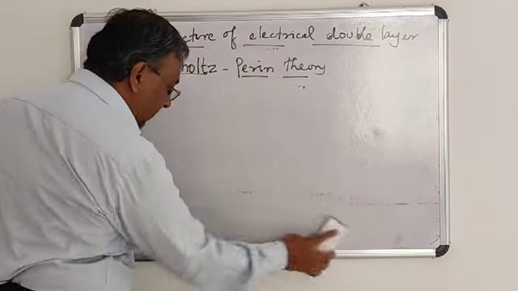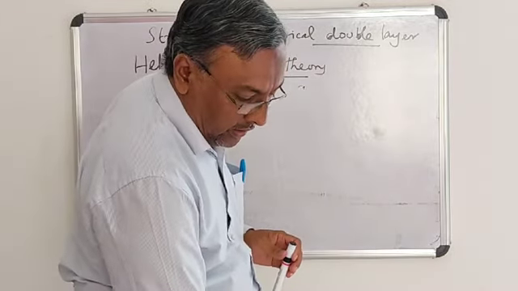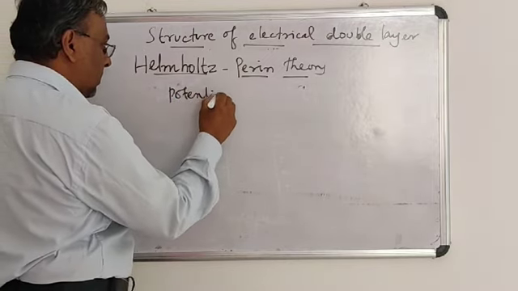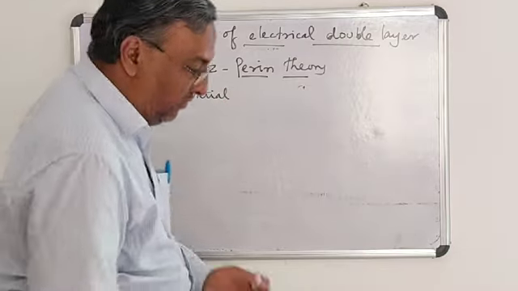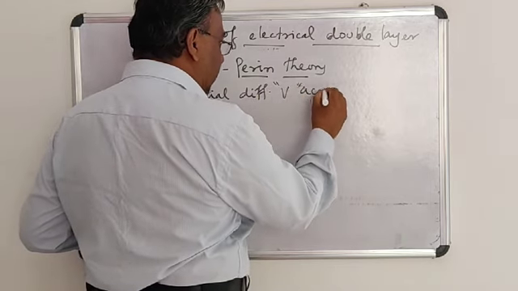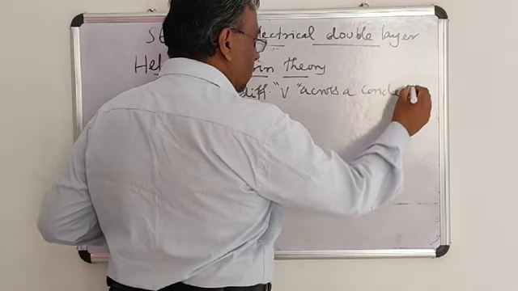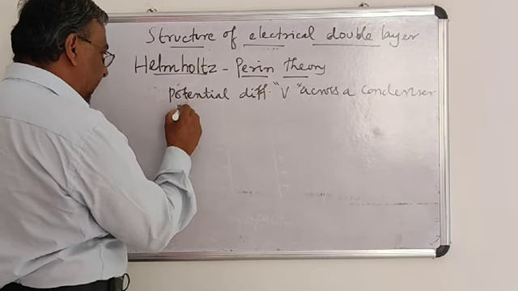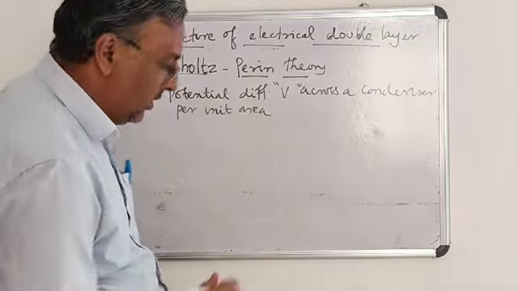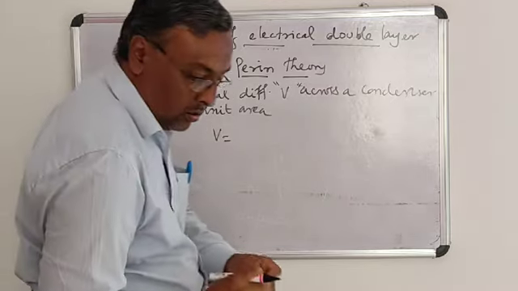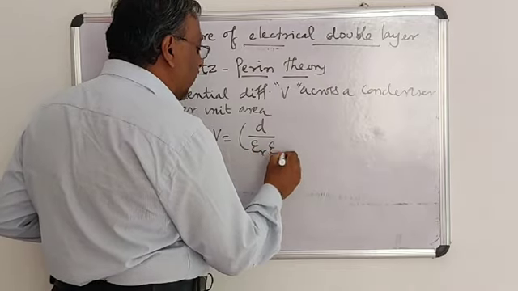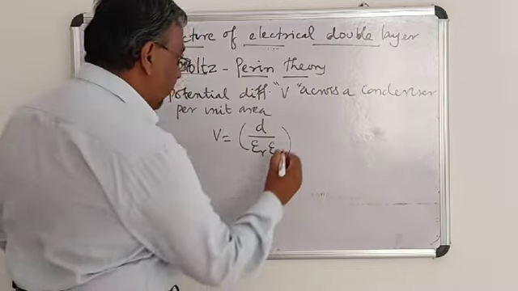According to electrostatic theory, the potential difference V across a condenser per unit area is given by V equals d divided by epsilon r into epsilon 0 into Qm.